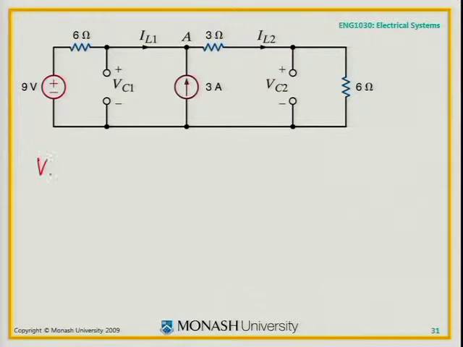So if VA is 16.2 volts, we have to find IL1. What's IL1 then?